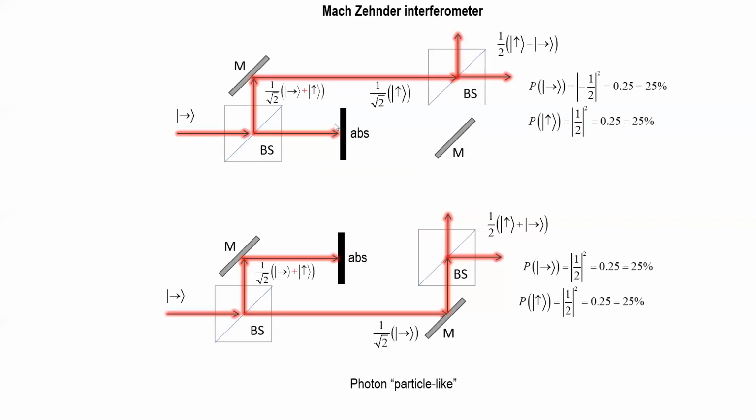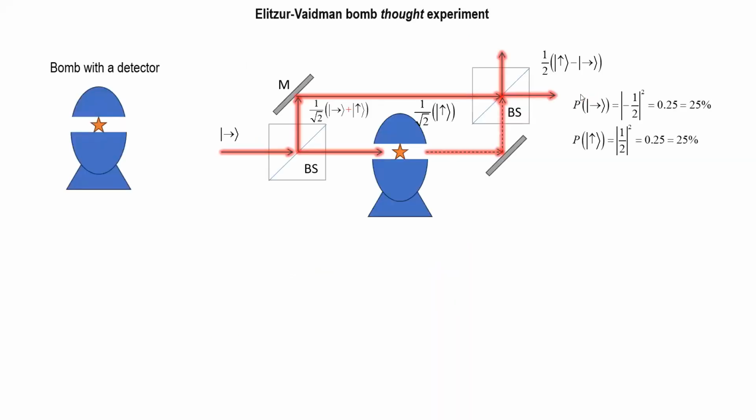Or when the bomb is operational, is functional, then we probe one of the channels, and it leads to the appearance of 20% of the photons in the horizontal direction.